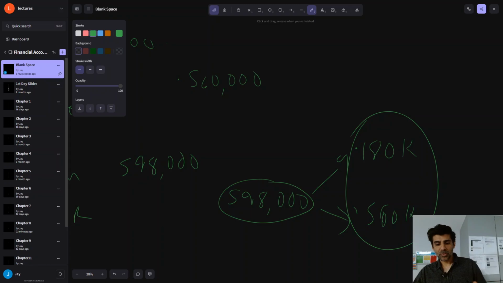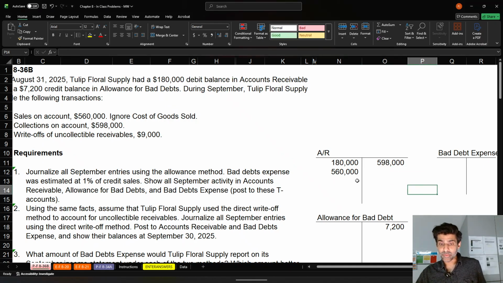This is the universe of accounts receivable, 740K in total, and we collected almost 600,000.